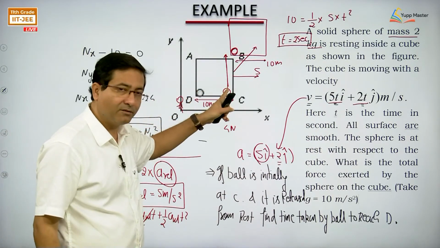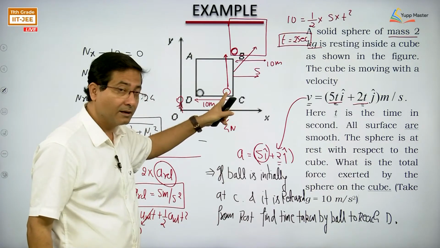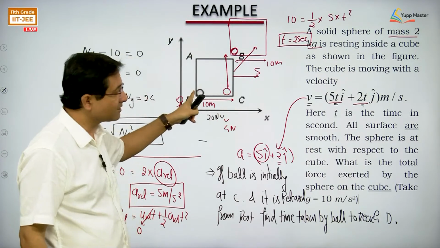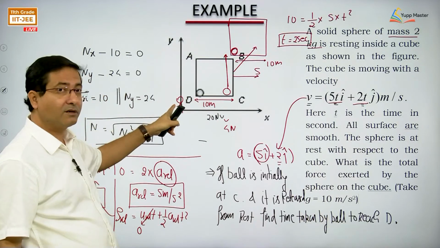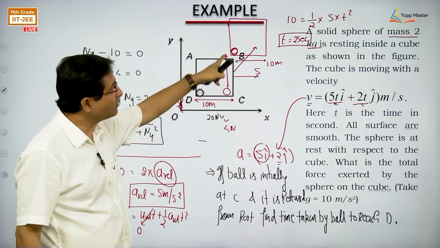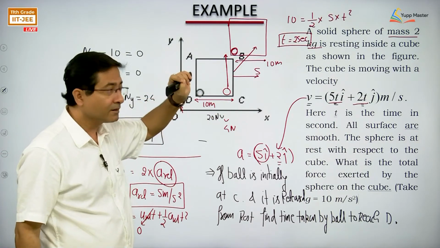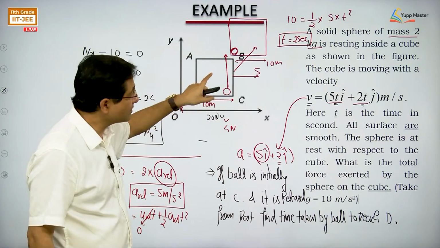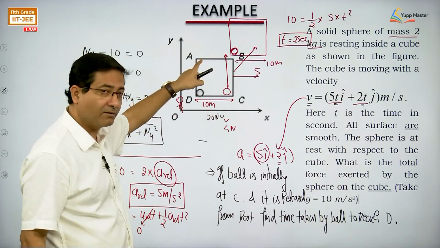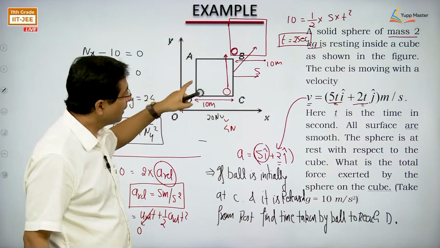So inside the lift, the person is observing that the ball goes in x direction. Outside the lift, the person is observing that the ball is going in y direction. Inside the lift, the person is not observing any motion of the lift because he is in the same frame.